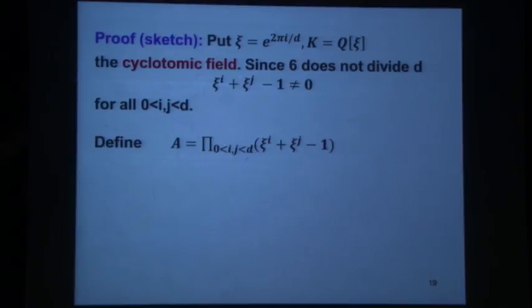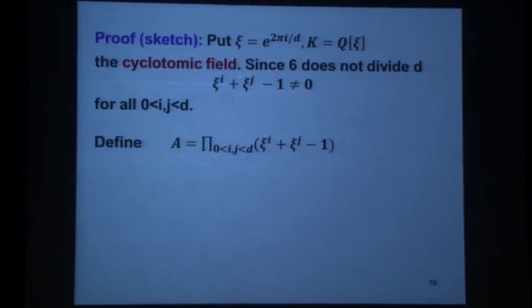Here, if we take psi and all its powers, then we get a multiplicative group of size D, and it has no solution to xi to the i plus xi to the j equals 1. But the trouble is that these are complex numbers, and we want to get something modulo p. So the whole effort is to somehow take these complex things and make them an example modulo p.